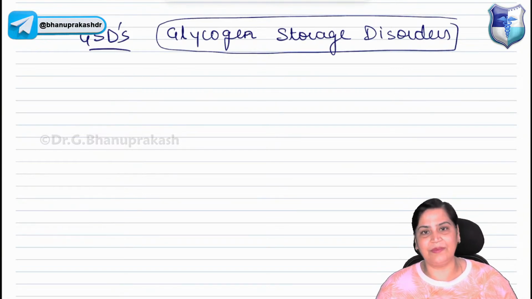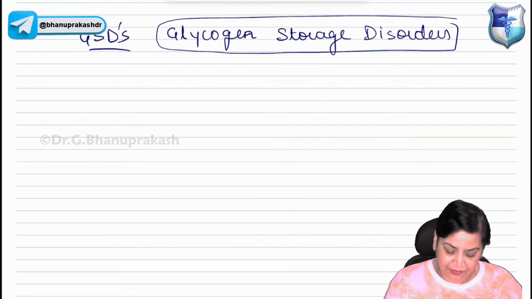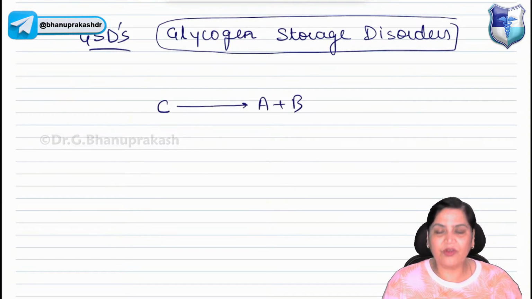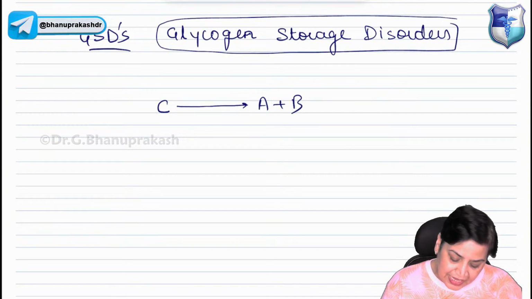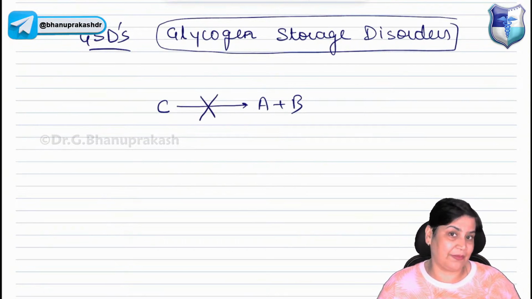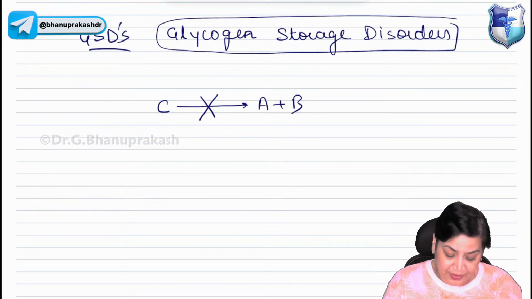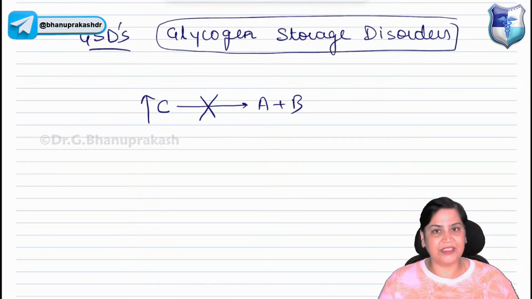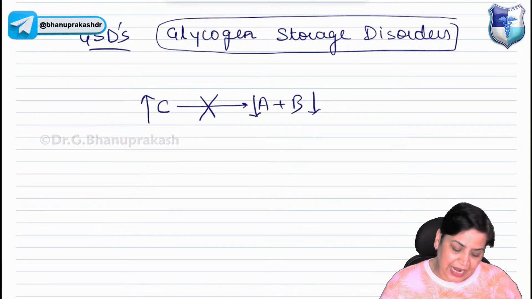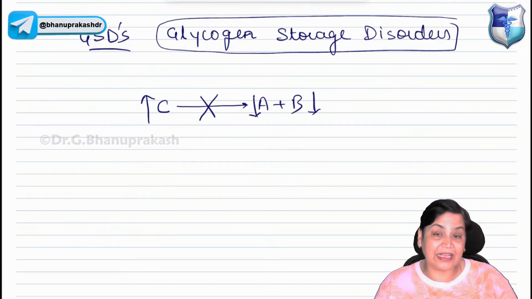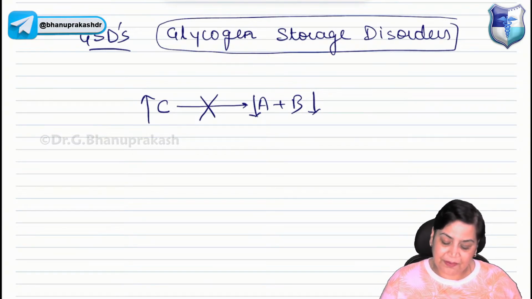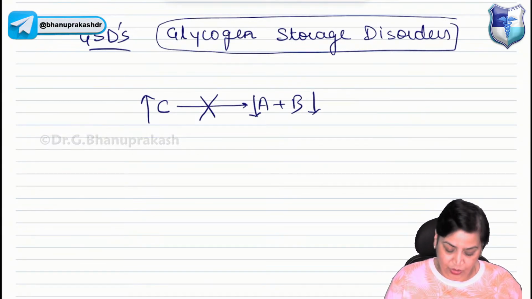Obviously, because of the absence of enzymes. Similarly, if C is broken into A plus B, suppose the enzyme required to break C into A plus B is absent. What will happen? There will be increased concentration of C and decreased concentration of A and B. That is exactly what happens in glycogen storage disorders. Clear?